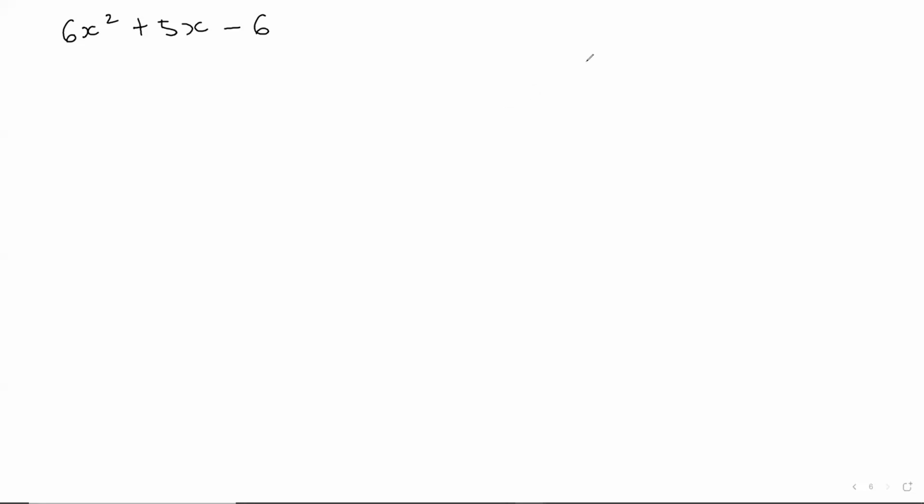Okay, firstly, what is the number that we are going to take after multiplying this and this? What are we going to try and factorize?